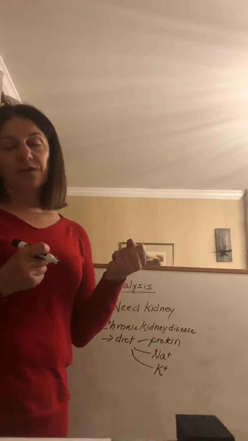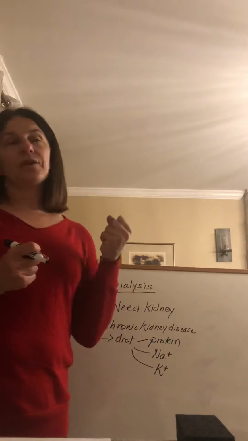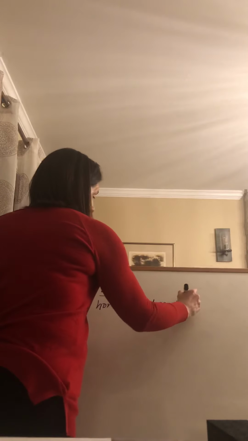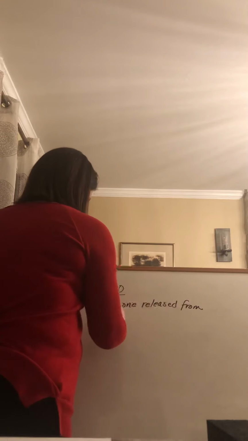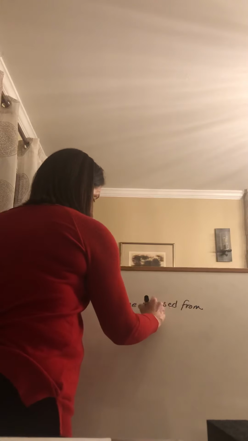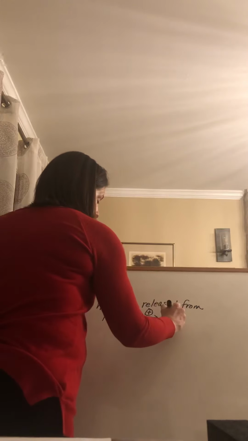You want to make sure that you give vitamin D. You want to make sure that you are giving erythropoietin, because remember, the kidneys are in charge of releasing erythropoietin. You want to make sure that you're giving it at the appropriate level. Erythropoietin is a hormone that's released from the kidneys. And then what it does is it will stimulate the bone marrow.